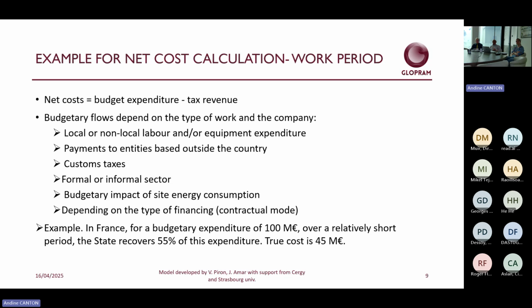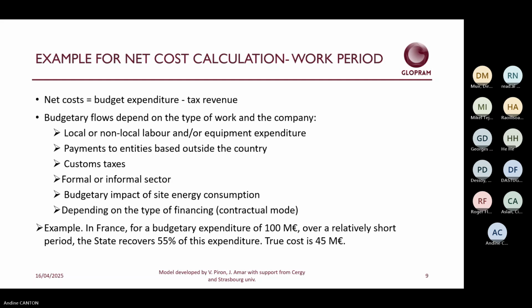So the true cost, the additional debt, I would say, is only 45 million, although what is announced by the minister is 100 million, and what is signed between the line minister and the contractor is 100 million.